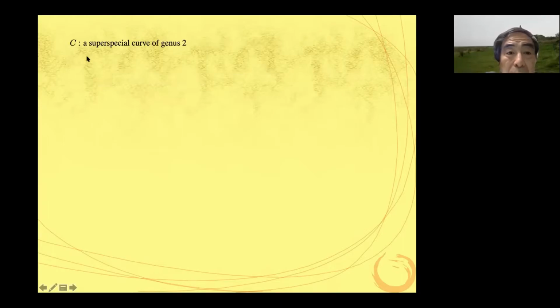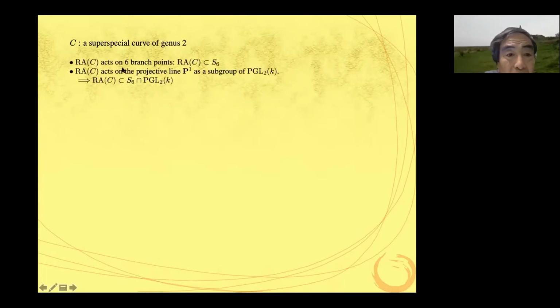And now, to show this, we first consider a supersingular curve of genus 2. Then the reduced automorphism group acts on the 6 branch points. So this is contained in S6, permutations of the 6 branch points.